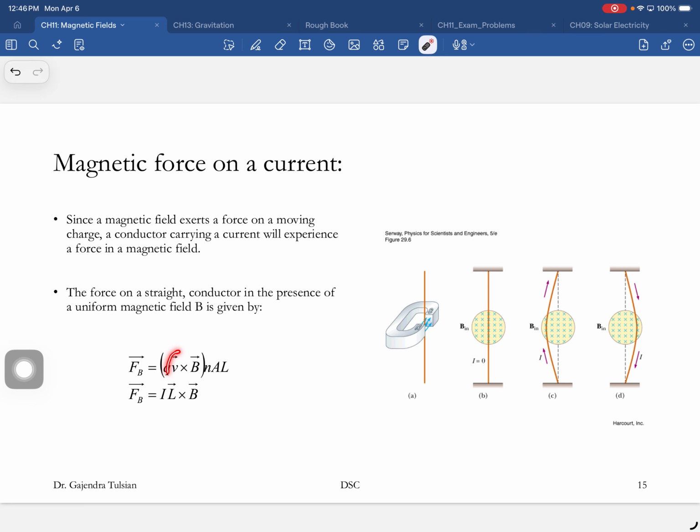Now, we use the drift velocity. What we'll do is associate a length vector, and the length vector is pointing in the direction of the current. So we can write a simplified expression for the force on the current carrying conductor. I is the current, L is the length of the conductor in the magnetic field, and B is the magnetic field strength.